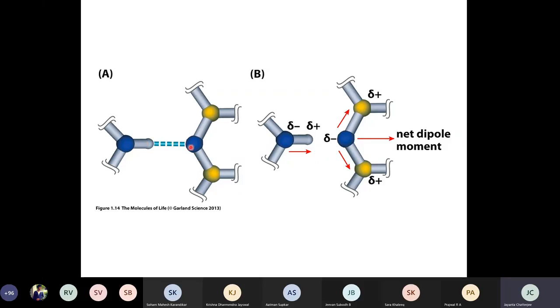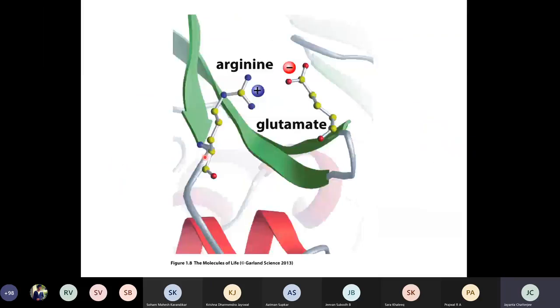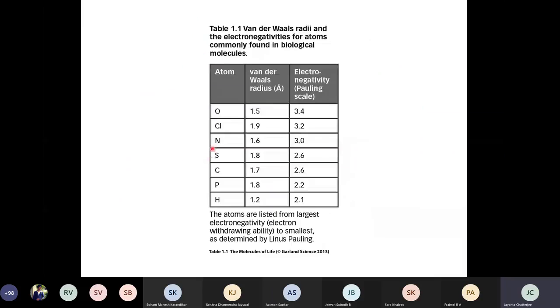Well, why does it form? Because again, this nitrogen is connected to two carbons, right? And if you look at the electronegativity difference of this bond and that bond, there is still a difference. It's probably less, but you definitely have an electronegativity difference. For example, nitrogen is 3.0 and carbon is 2.6, right? So you still have a difference, 0.4, but there is a difference.